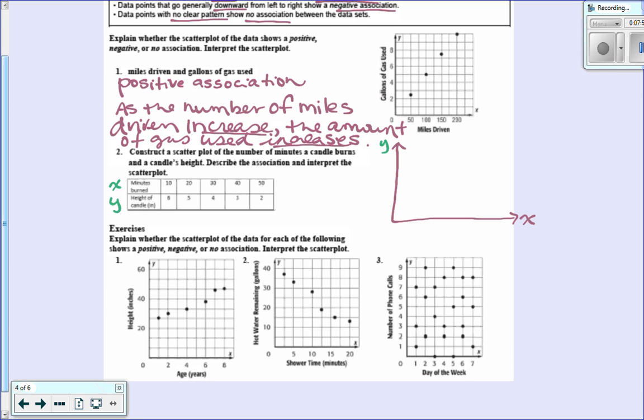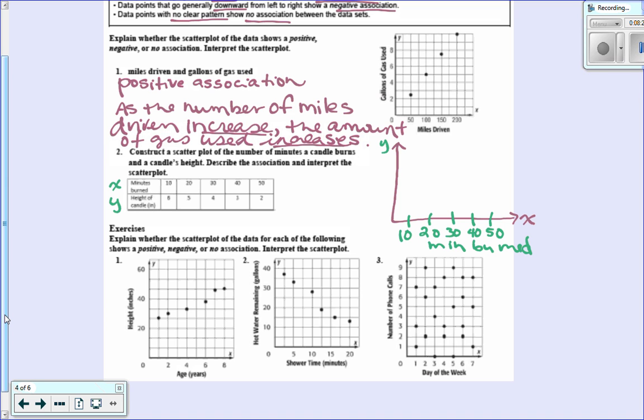So we're looking at our X: 10, 20, 30, 40, 50. And label that there. That's small. All right, and X represents what? Minutes burned.